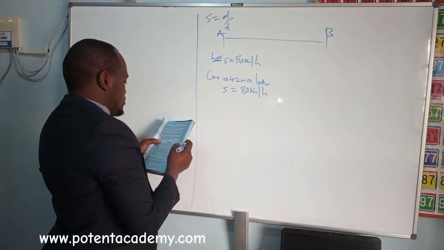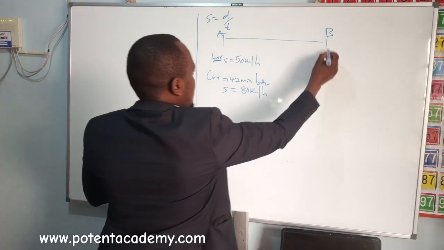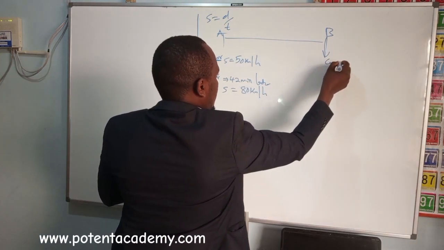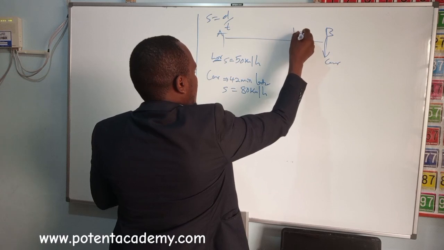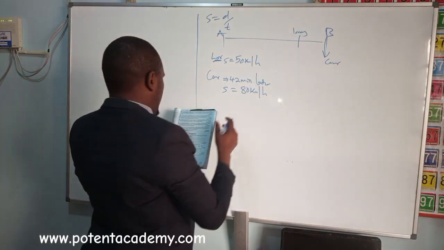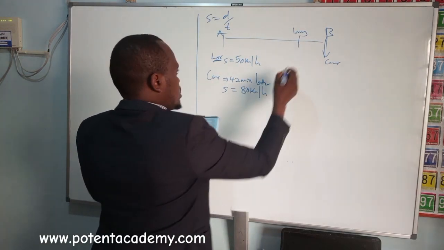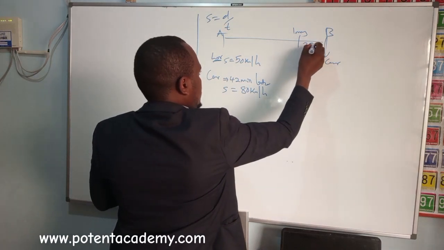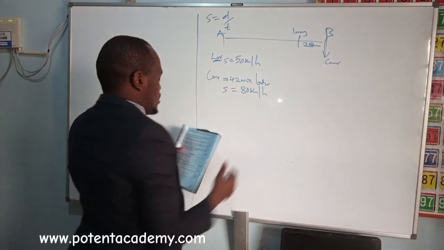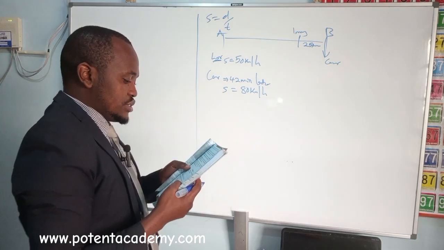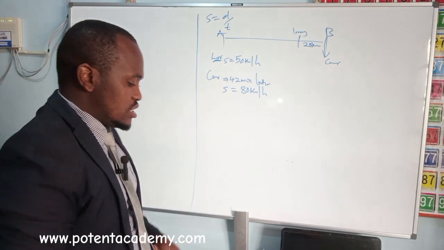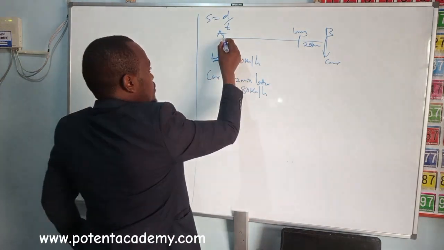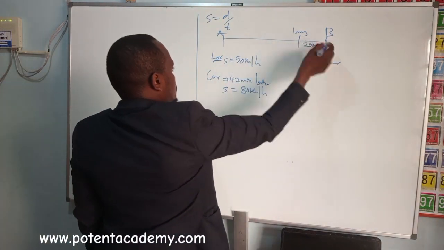At the time the car arrived, when the car is here, the lorry was around here, which is 25 kilometers. So the lorry had 25 more kilometers to cover to town B. Determine the distance between town A and B. So we are being asked for the distance between these 2 points.